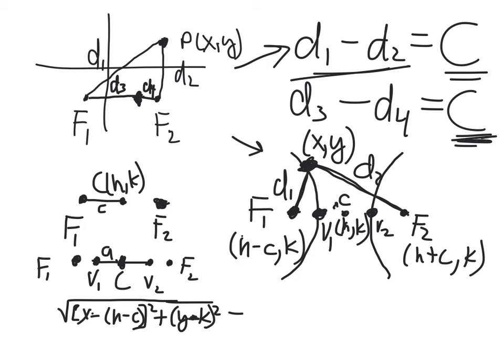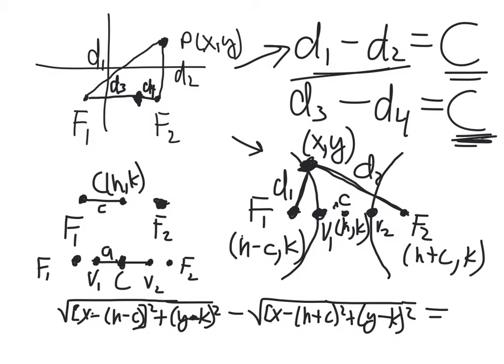Then minus d2, and that would be x minus h plus c quantity squared plus y minus k quantity squared, and again equals some constant, and I'm going to put plus or minus 2a.